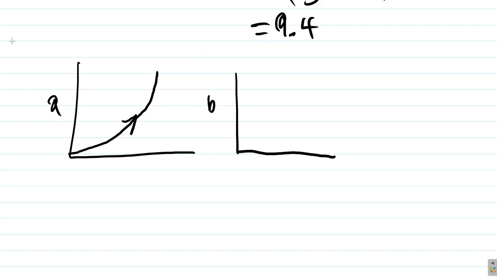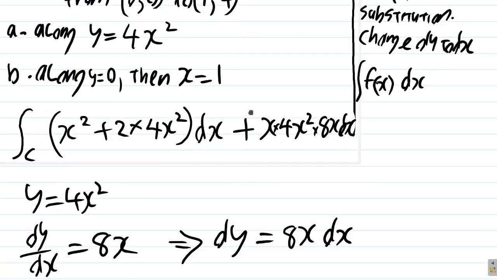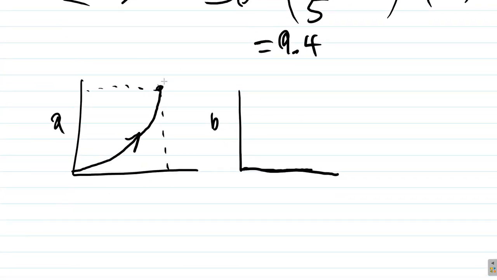So we would move along the x-axis. Remember, the coordinates would be from (0, 0) to (1, 4), right? So it would be 4 up here, 1 here. If we go along y equals 0, which is the x-axis, we would go straight across to 1. And then along x equals 1 means we go straight up and end up at 4.